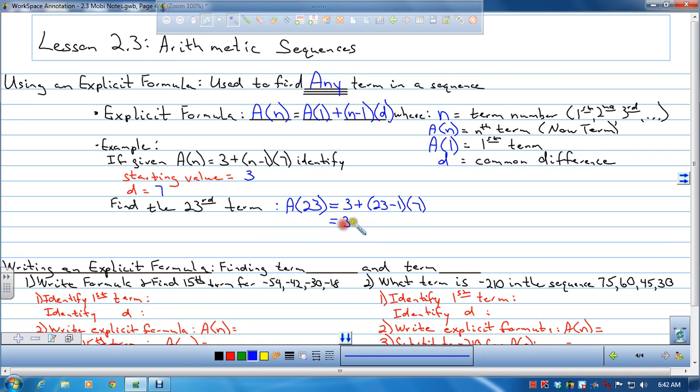So I would have 3 plus 22 times 7. And I know my order of operations. I had to do that in parentheses first, right? And now I can do my multiplication. So I've got 3 plus 154, which means that this 23rd term would be equal to 157. Okay.